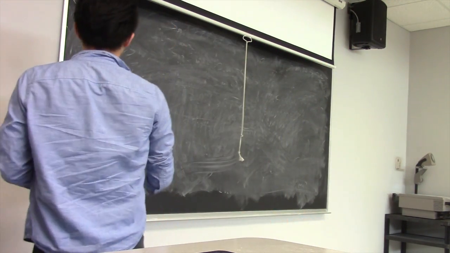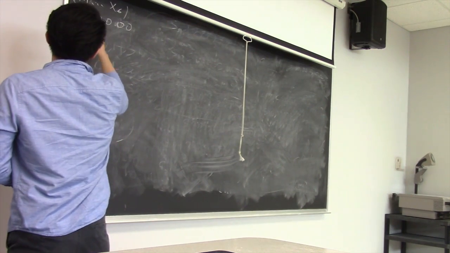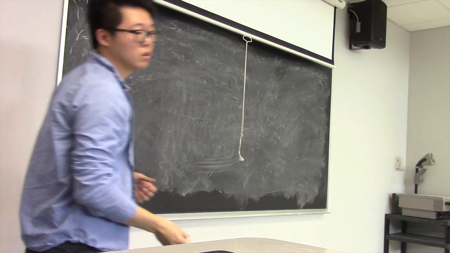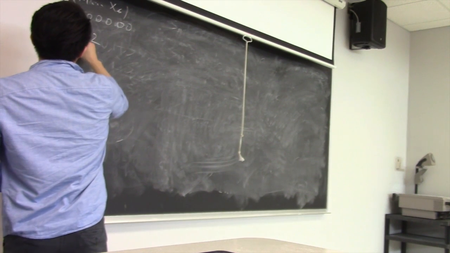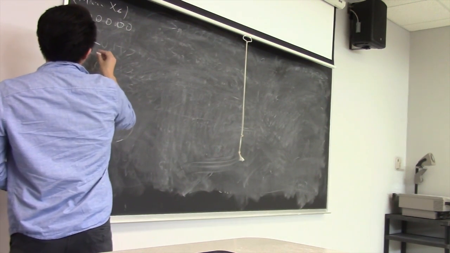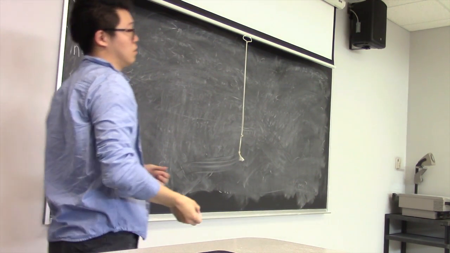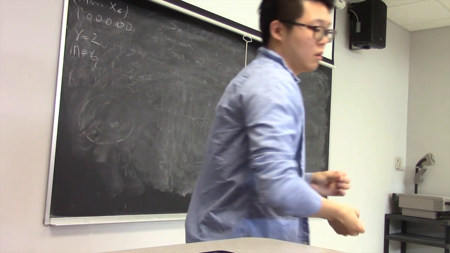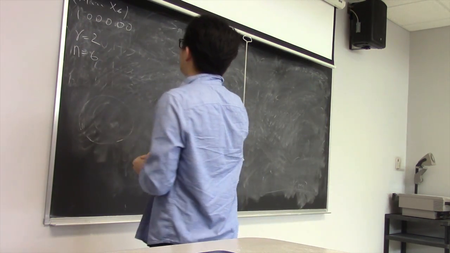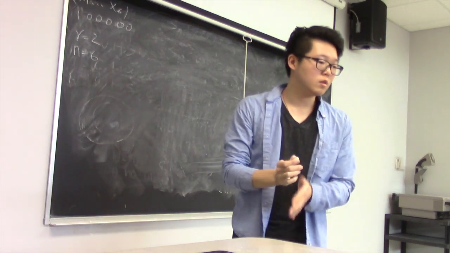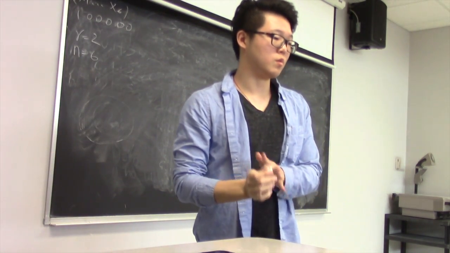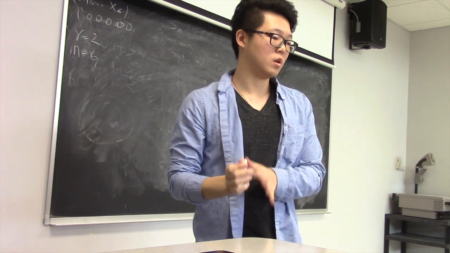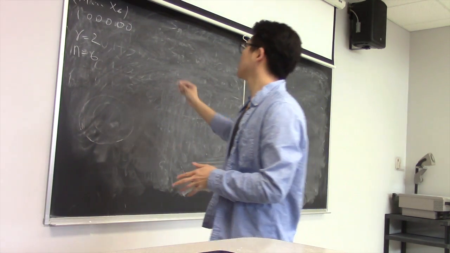So lambda will be 2, and now I set the threshold as 6. All the initial weights will be ones.